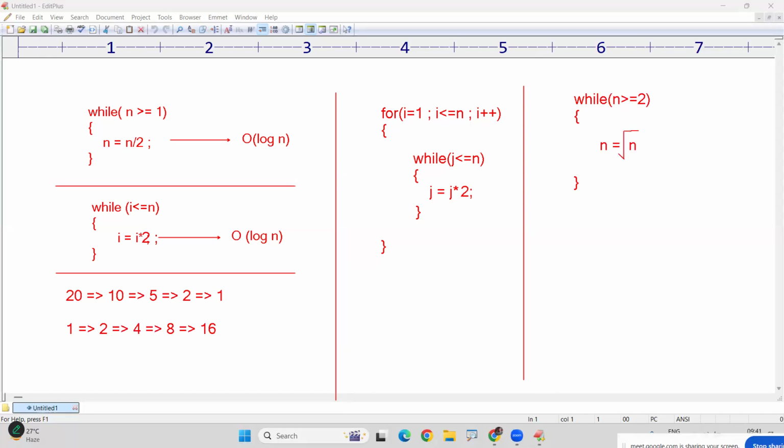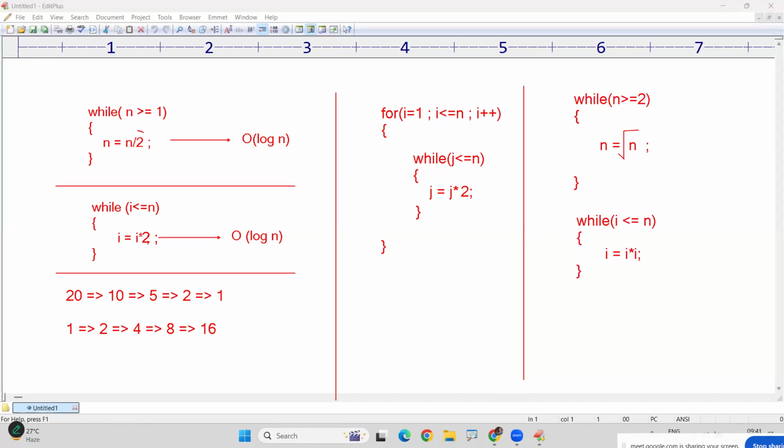Root n, it's a square. That is exactly: while i is less than or equal to n, inside that i into i.